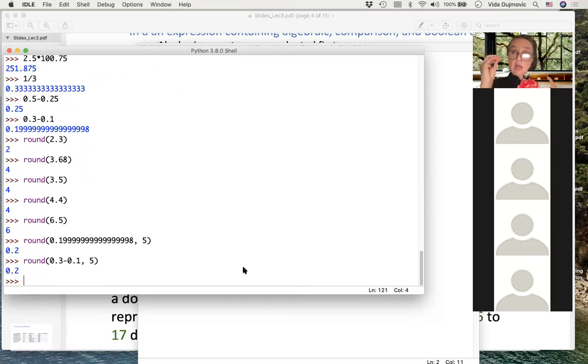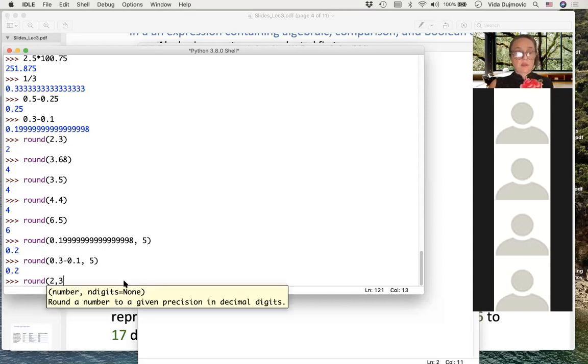So if you're using a round function and you give it one number, it's going to round it to the closest integer. If you give it 2 numbers, like 2.3456789, something like that, not comma, but point. Let's actually do this.